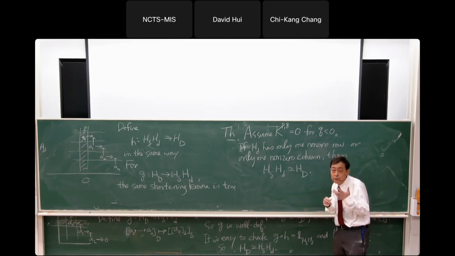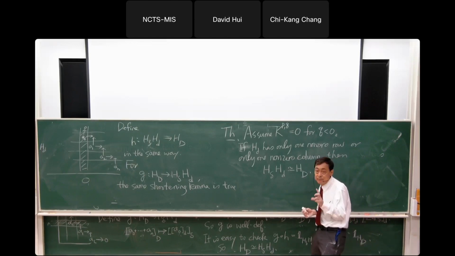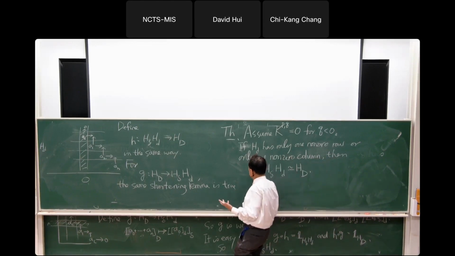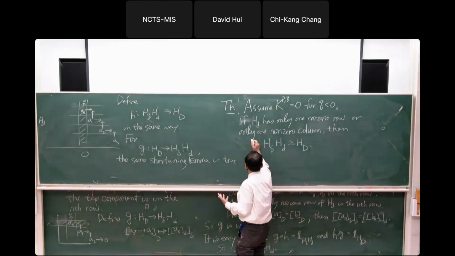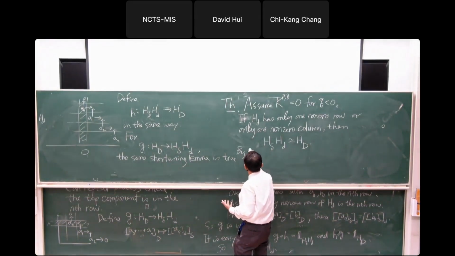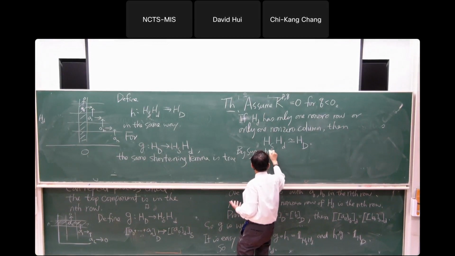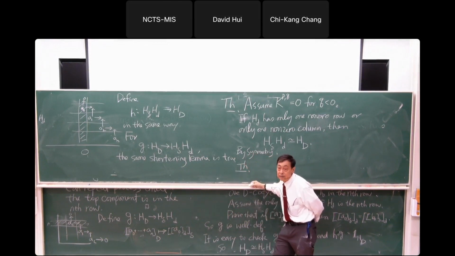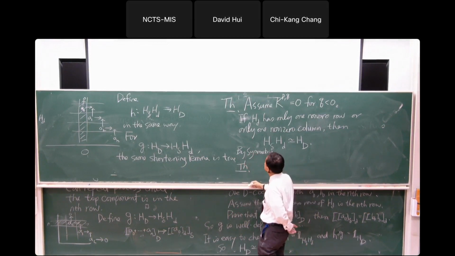Now you can reverse the roles of delta and D, right? You can switch them. So by symmetry, you get another theorem. This is another tic-tac-toe lemma.